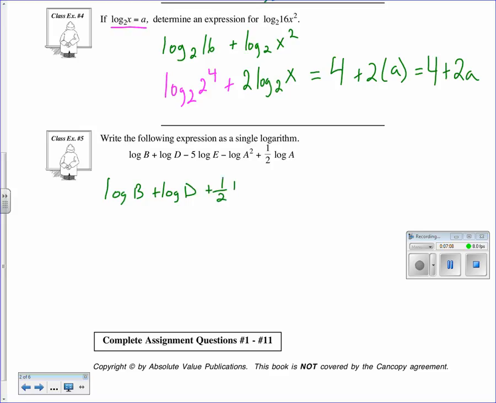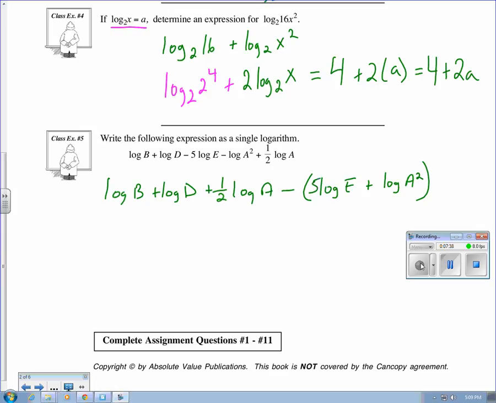Remember, the order of addition doesn't matter. I can rearrange that. And then I'm going to have a minus, and I made use of this before. Factor out the negative.